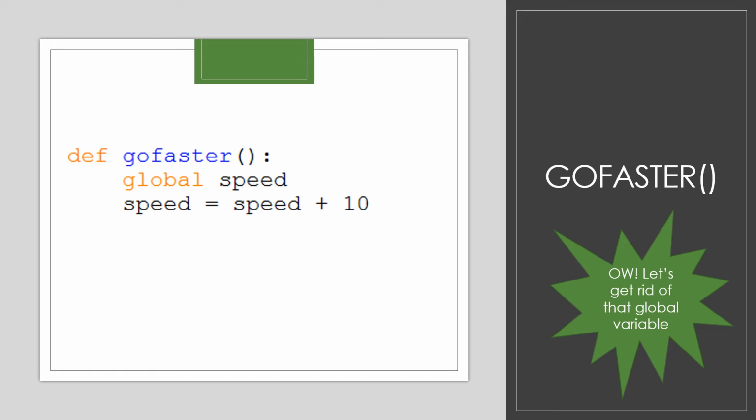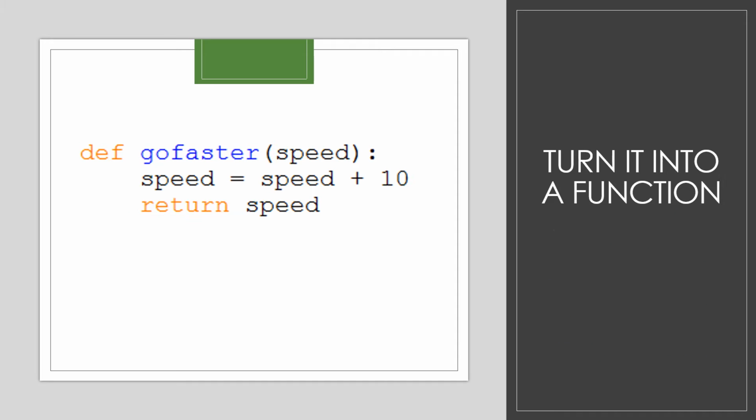So let's try and change that. Let's change go faster into a function where speed is passed to the procedure as a parameter, and the procedure becomes a function and returns speed back to the main program, changed by +10.